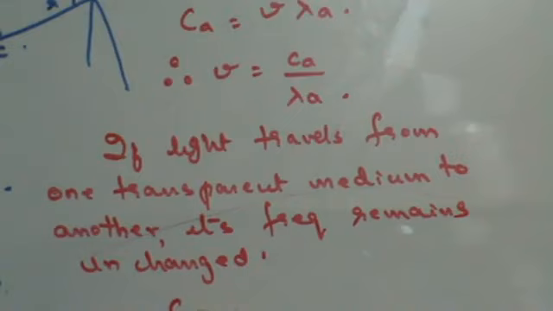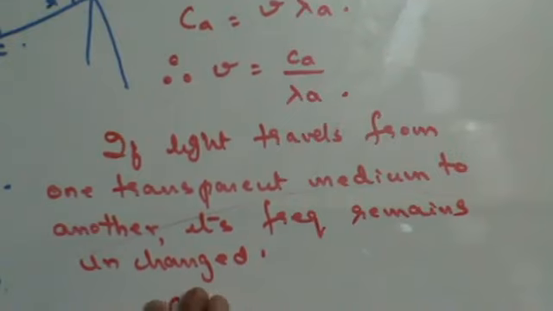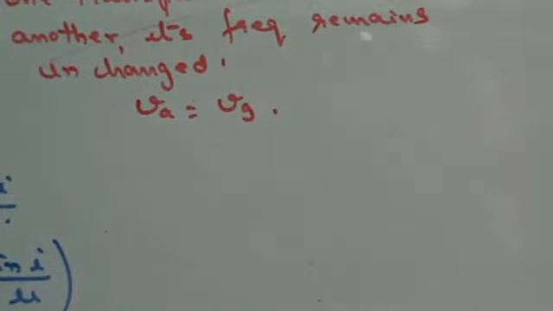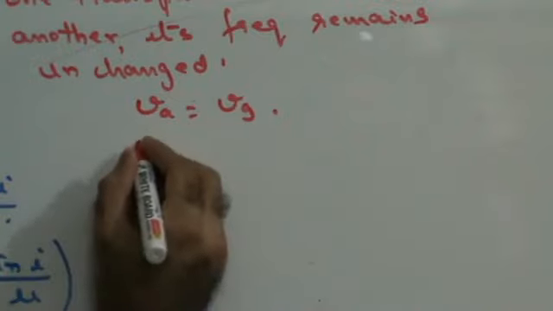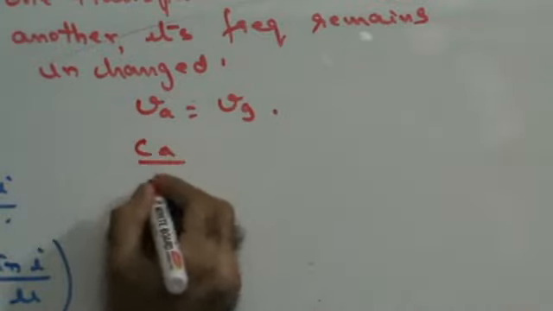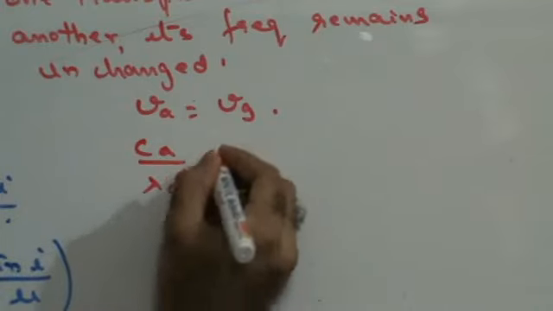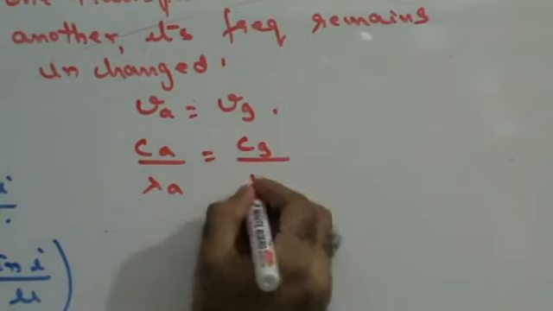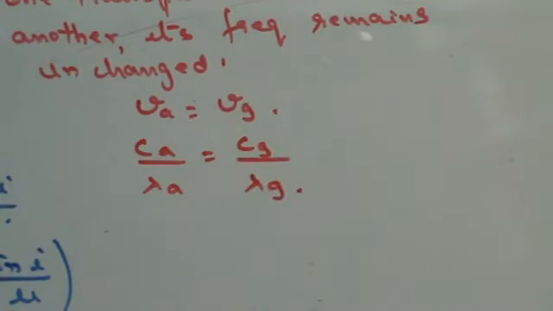That means I can say frequency in air should be equal to frequency in glass, right? Frequency in air can be written as velocity in air upon wavelength in air, which is going to be equal to velocity in glass upon wavelength in glass, right?